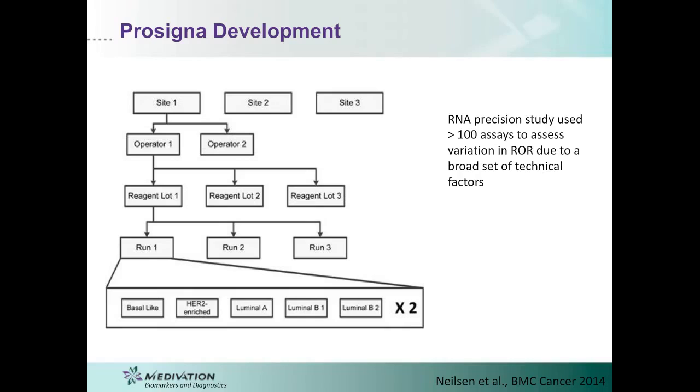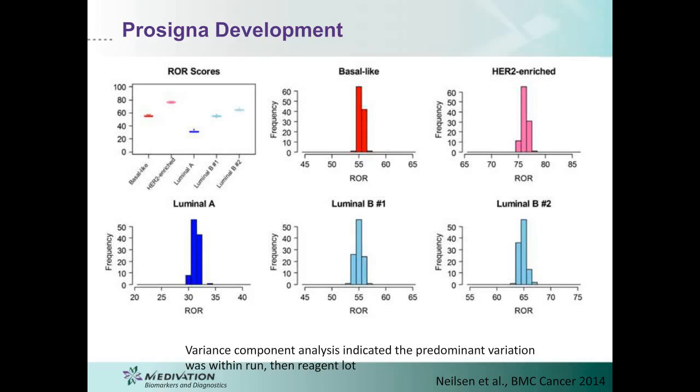And then there were 2 examples of each of these, so 10 independent samples. And for each of these 10 independent samples, they were run through different sites and at different operators at each site, different reagent lots by each operator, and different runs for each reagent. So 4 levels of replication here to produce a very large set of data that we could use to analyze repeatability and accuracy at multiple levels.